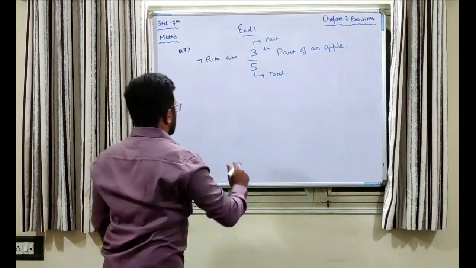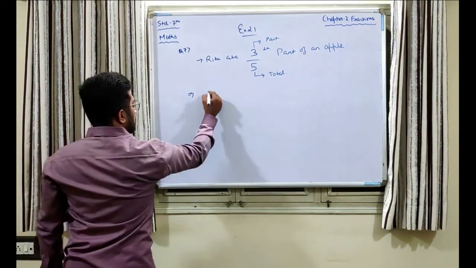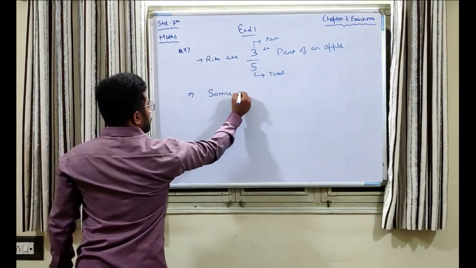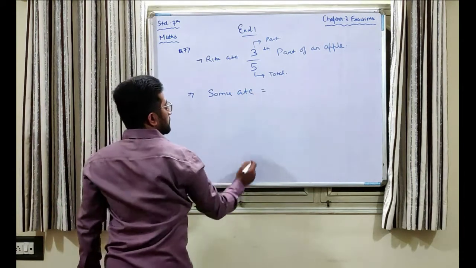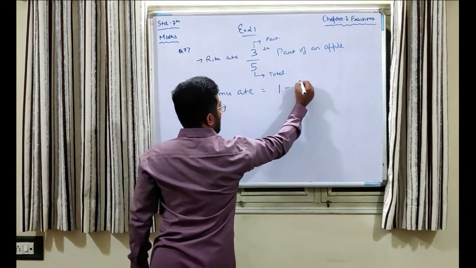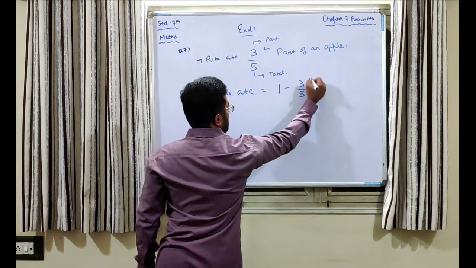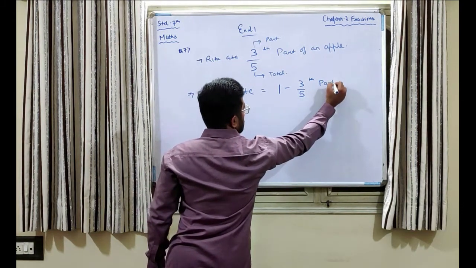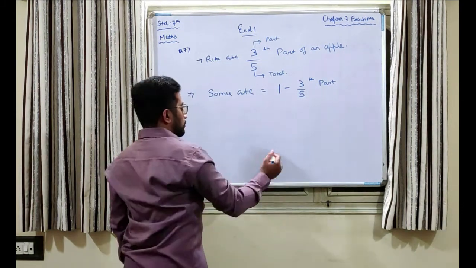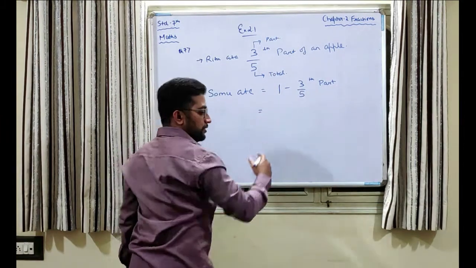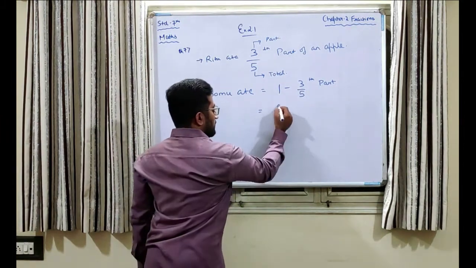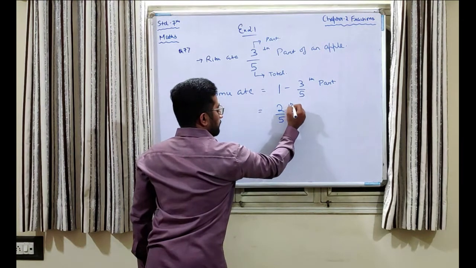So if you think logically, Somu ate 1 minus 3/5 part. Okay, so if you do the calculations, you will get the answer as 2/5.